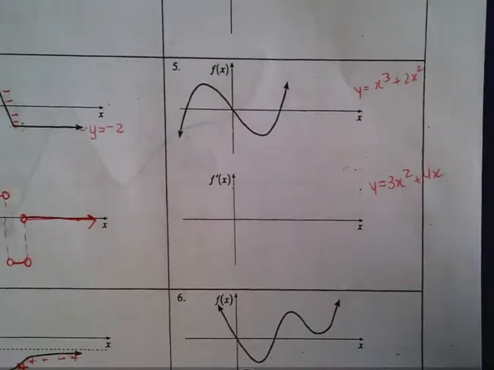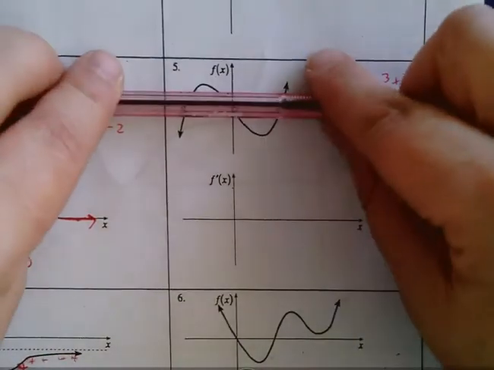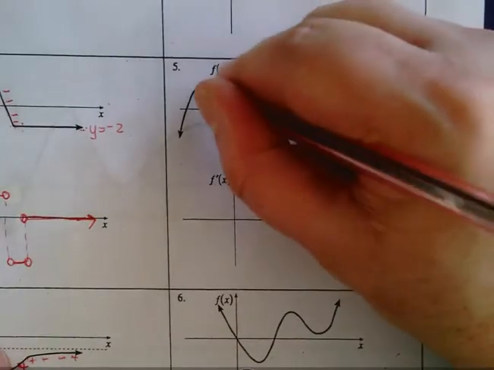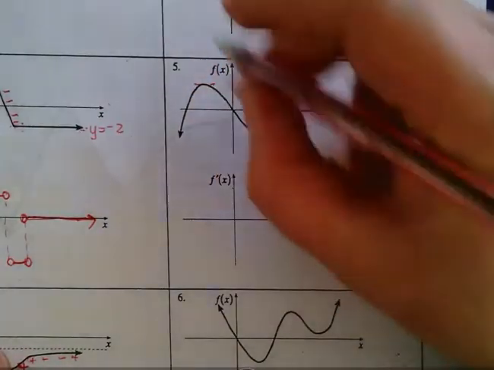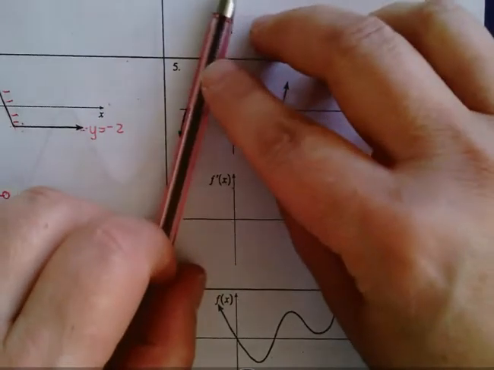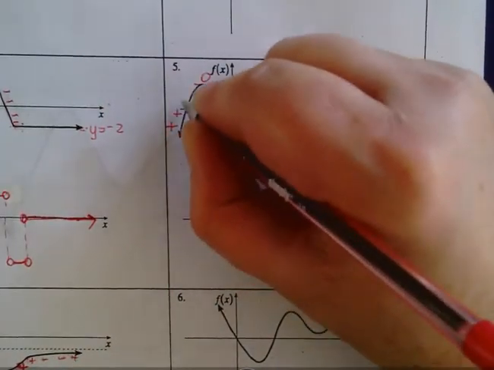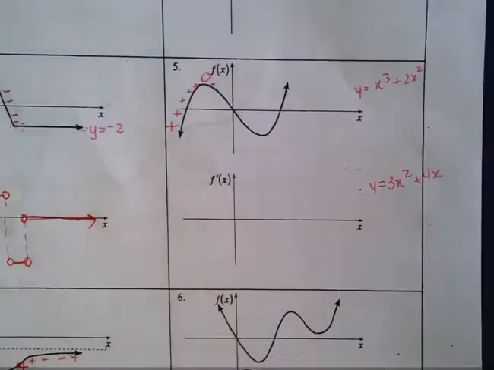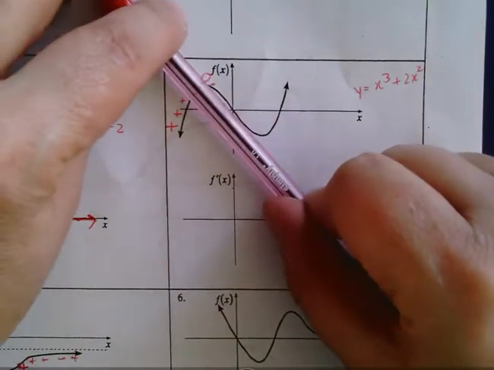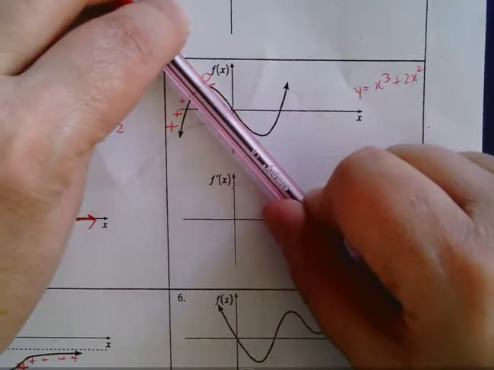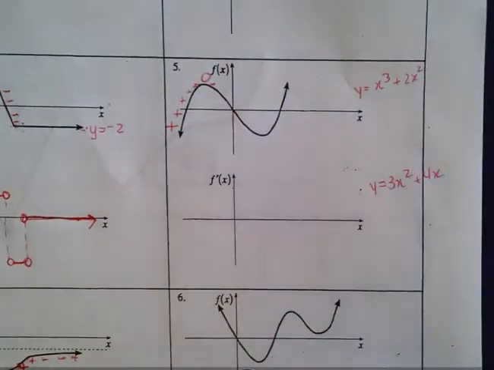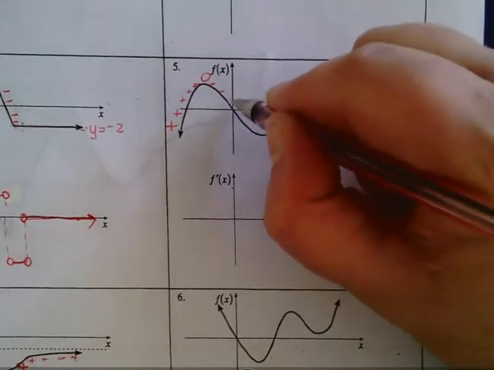Let's see. Tell me about the gradient here. Positive and big. Big positive. Is it getting still positive but not as steep, smaller positive? Tell me about the gradient in this whole section. Negative. Where's it the steepest negative it can be?